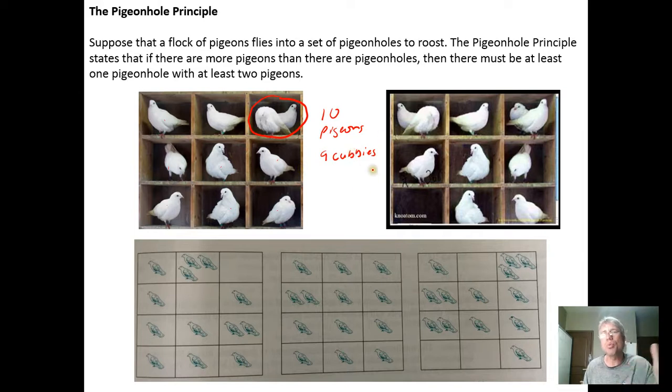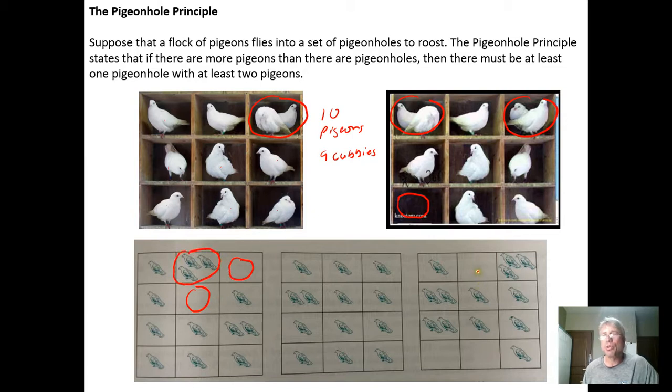Notice what the pigeonhole principle doesn't say. It doesn't say that there has to be a pigeon in every box. There doesn't. There might be more than one box that contains more than one pigeon. So we could have any number of boxes, for example, that are empty, and we can have more than 2 pigeons in a box.